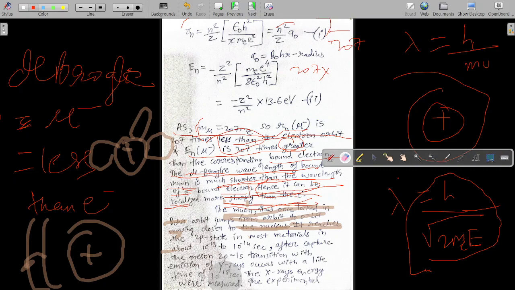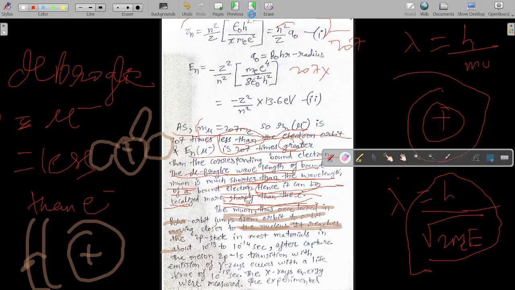After you study the radioactivity part, you will be comfortable with this: what is half life, what is lifetime. The X-rays energy were measured.